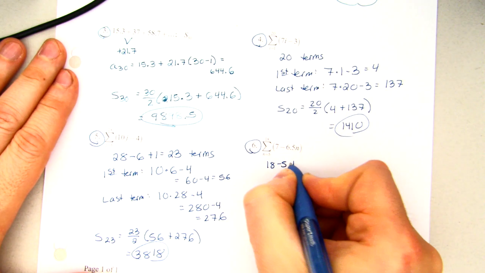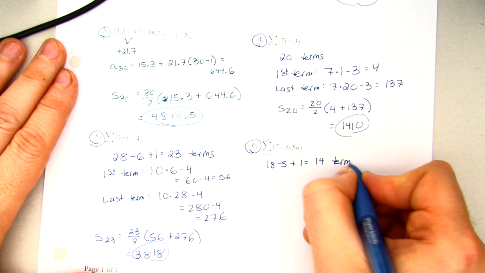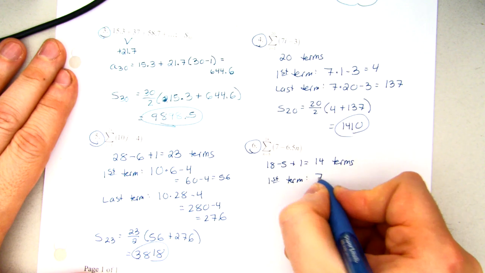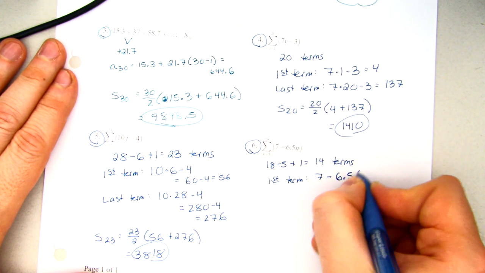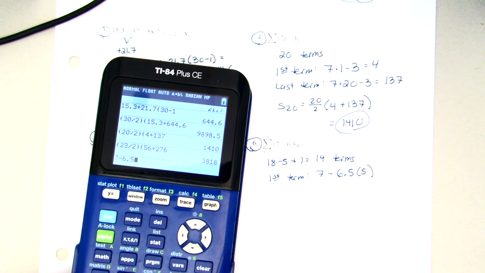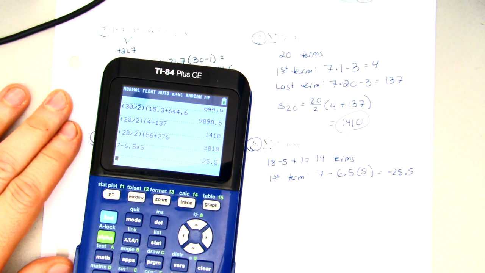18 minus 5 plus 1, 13 plus 1, there are 14 terms. Your first term, 7 minus 6.5 times 5, is negative 25.5.